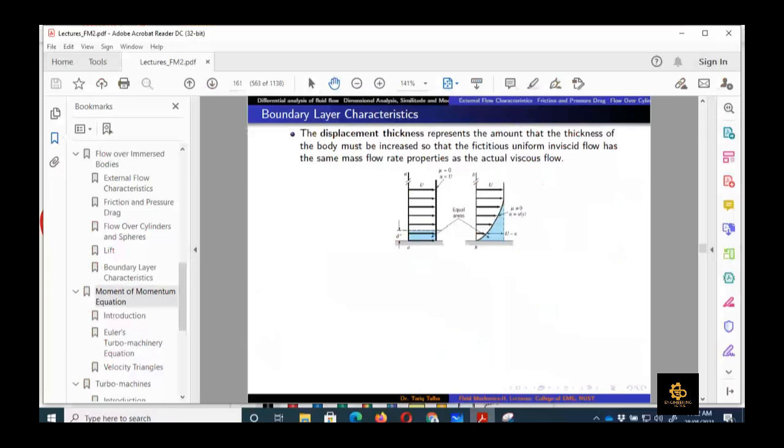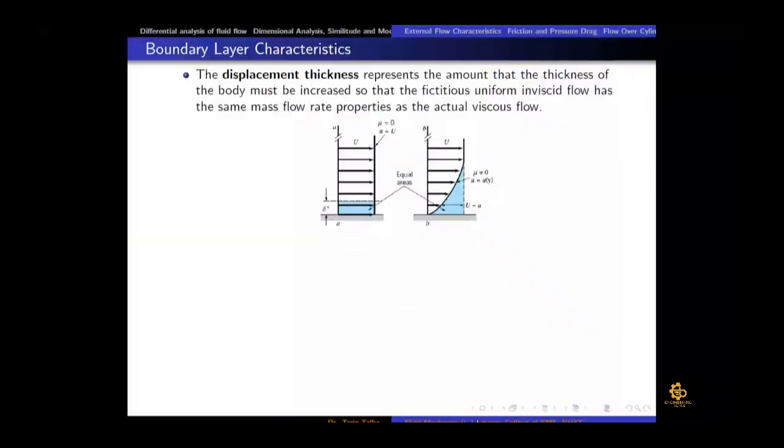The displacement thickness represents the amount of thickness of the body which must be added so that the fictitious or so-called uniform inviscid flow has the same mass flow rate as the actual viscous flow. It shouldn't be property there, but it should have the same mass flow rate. Now, how can we mathematically see the mass flow rate?